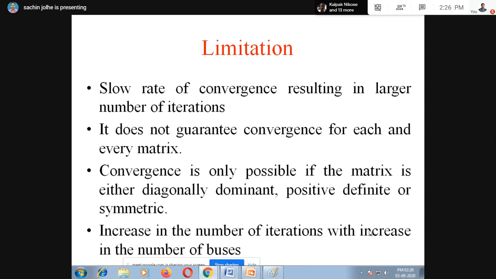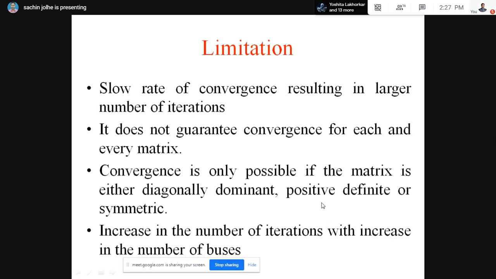As the equations increase, the variables increase. As the variables increase, the iterations increase, which means it takes more time and more space to calculate, and we require huge resources here because this is only a linear iteration method.